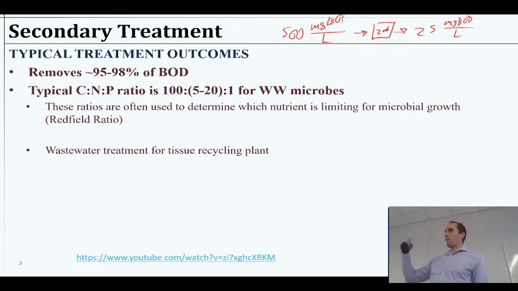Some of them can then form a bunch of filaments and start floating. And so you saw that scum layer there, which is kind of expected. But if it becomes excessive and most of the bacterial mass floats because they're making funny filament things, you have all your sludge float and escape your clarifier. That's bad news.